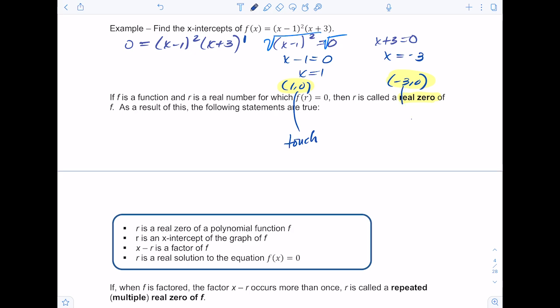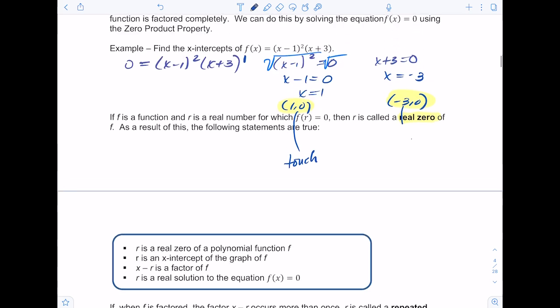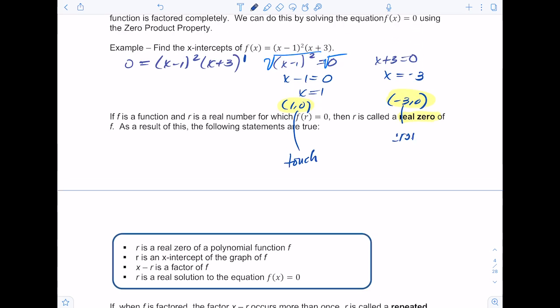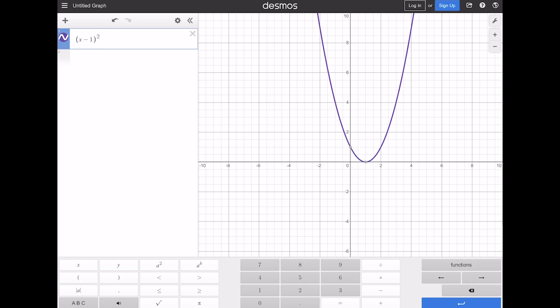And then here, since that's multiplicity 1, and 1 is odd, the graph will actually cross through the x-axis at that point. Okay, so let's take a look at the graph really quick and see what happens. Okay, if I was to plug this in, I would have (x - 1), and then it's squared, and then times (x + 3).